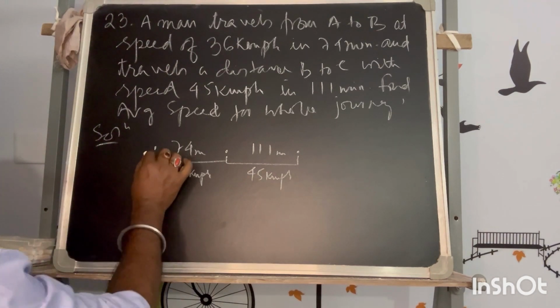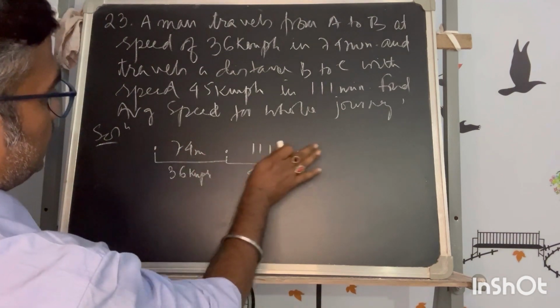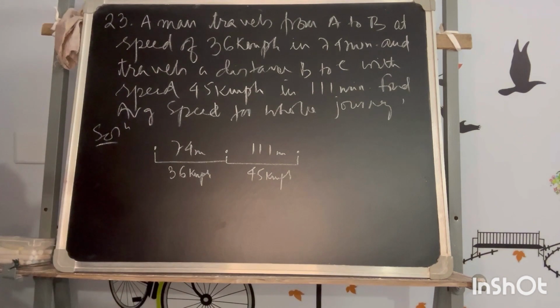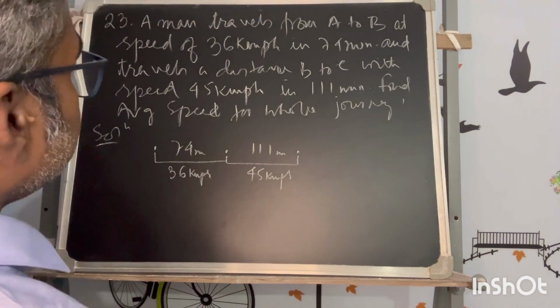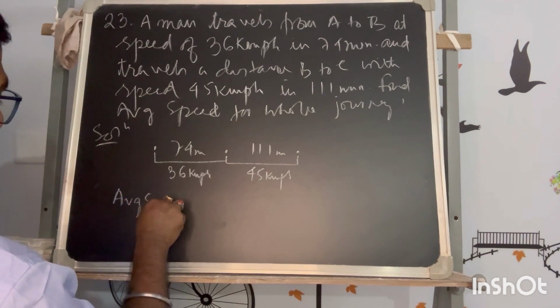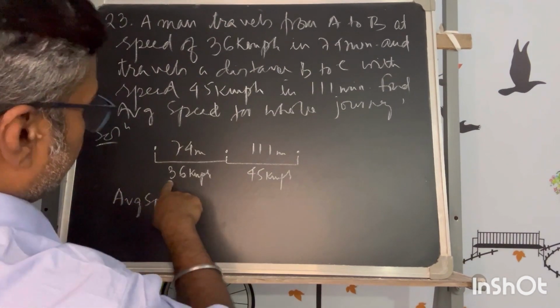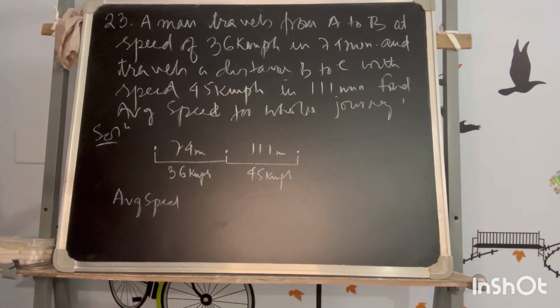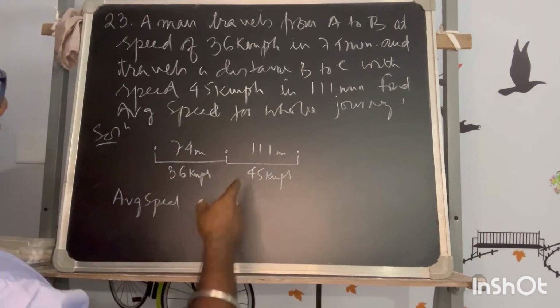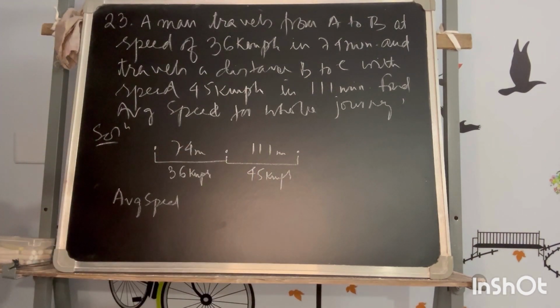As the movement is linear, they are moving in the same line, this is progressive travel. So average speed will be what? The initial speed is given, distance is not given, but the time is given.